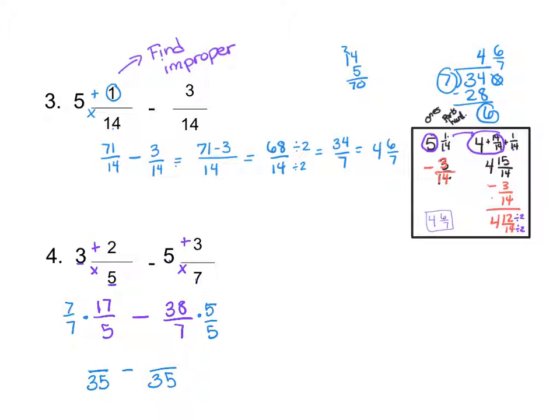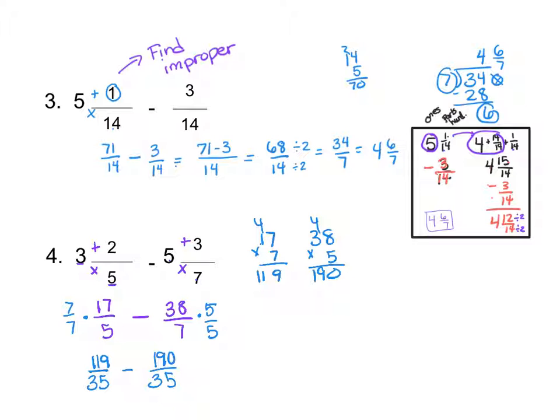And then I would have to figure out what is 17 times 7. It's 49, 7 plus 4 more is 11, so it's 119. And then 38 times 5. It's 40, 15, 19, 190.